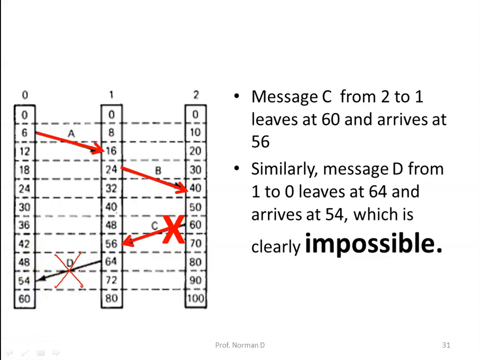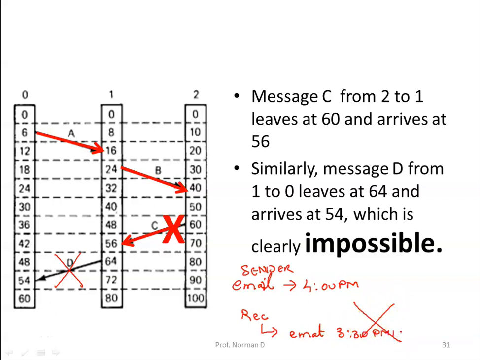Both these things are not possible. It is just like saying that you have an email which is sent at 4 p.m. on the sender side, and on the receiver side, you are saying that the email has been received at 3:30 p.m. on the same day, which is not possible.